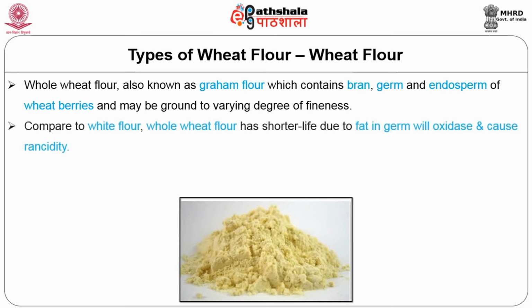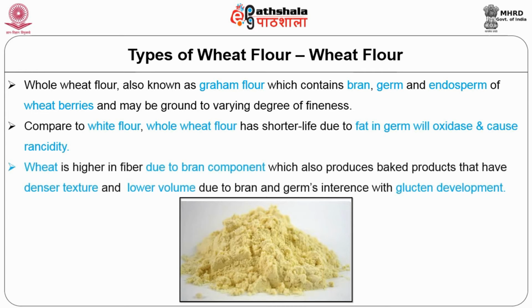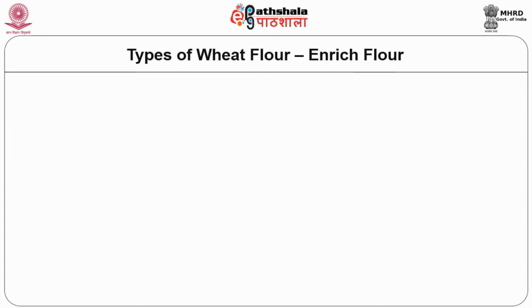Compared to white flour, whole wheat flour has a shorter shelf life because the fat in the germ will oxidize and cause rancidity. It also is high in fiber due to the bran component. It produces baked products that have a denser texture and a lower volume due to the bran and germ's interference with gluten development.